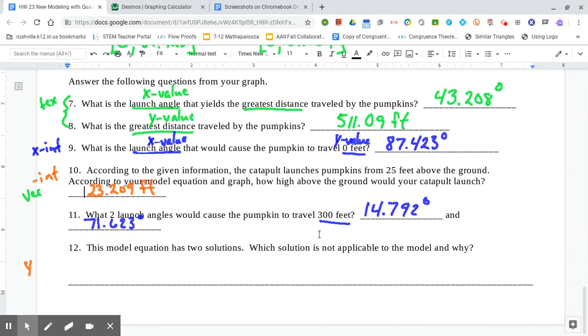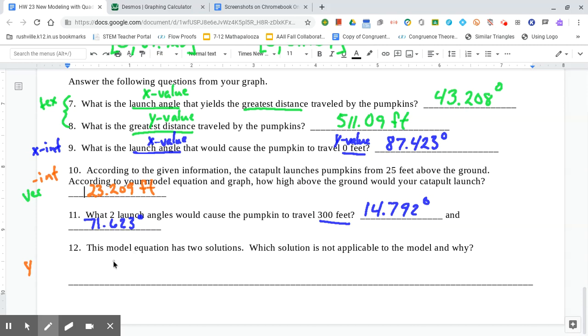And the question is, which solution is not applicable to this model, and why would that be? Well, we've already discussed that more than once. It doesn't make sense to use a negative value in our solutions. And the reason for that is a negative x value would be a negative angle. And that's not something we are using here.